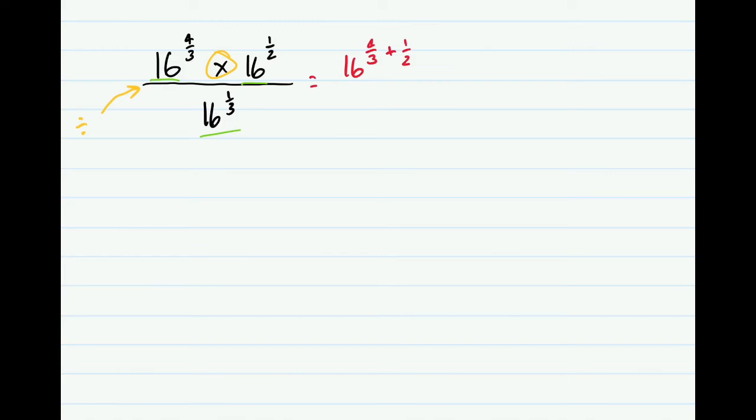Our common denominator is 6, so 8 over 6 plus 3 over 6, which is equal to 11 over 6. And we're going to put all that over 16 to the 1 over 3. So we worked out our numerator. Now we have 16 to the power of 11 over 6 over 16 to the power of 1/3.